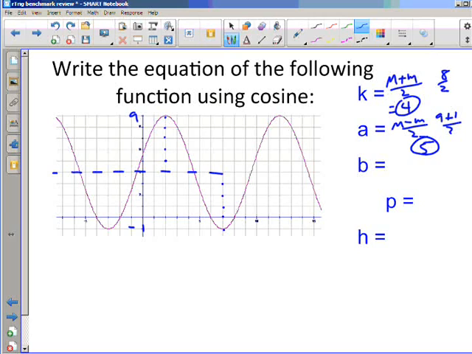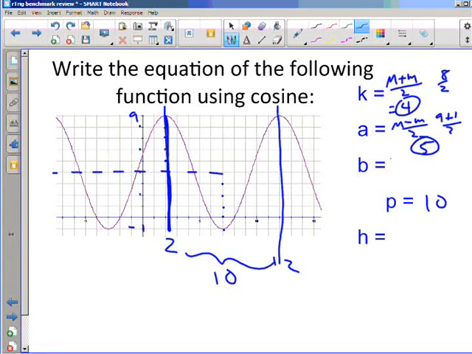The B we get from the period, so if we find our period to be 2 to 12, that total distance is 10. So our period being 10, B is 2π over 10, or π over 5.